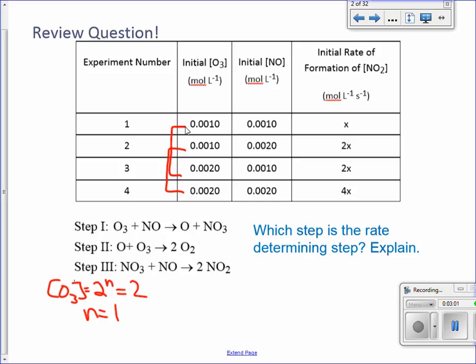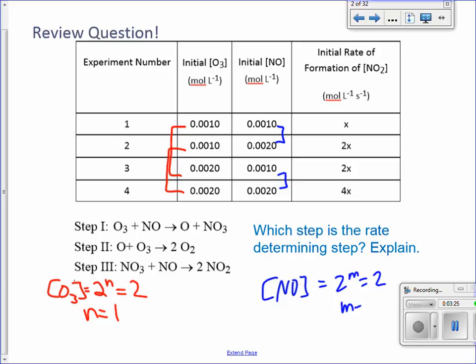For NO, what are we going to do there? Yes, we can do 1 or 2. Or you could have done 3 or 4, because this one doesn't change there. So once again, you see that you're going to get 2m equals 2.